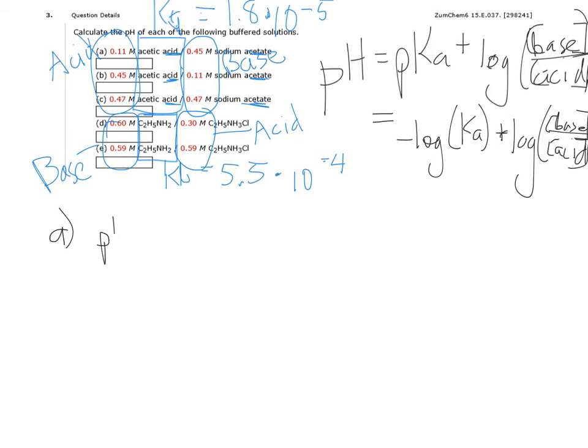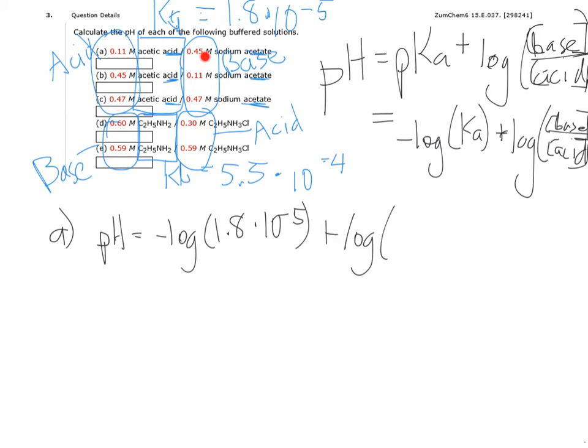In part A, to find the pH, we'll take the negative log of the Ka value of acetic acid, 1.8 times 10 to the negative fifth, and we'll add the log of the ratio of concentrations of base over acid. And the base would be, in part A, 0.45, and the acid is 0.11.